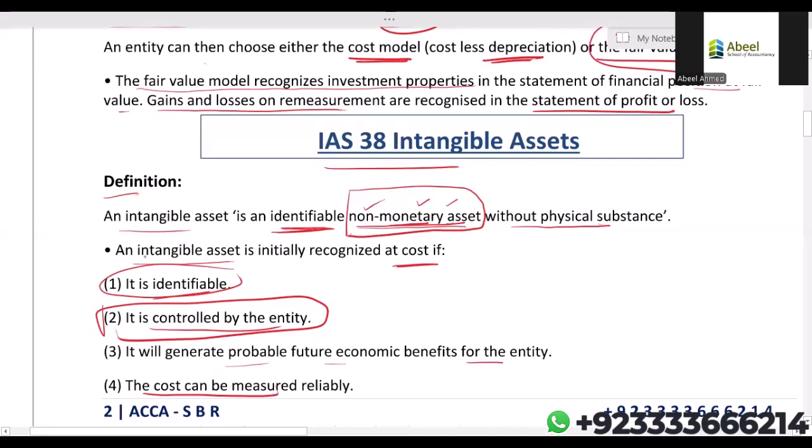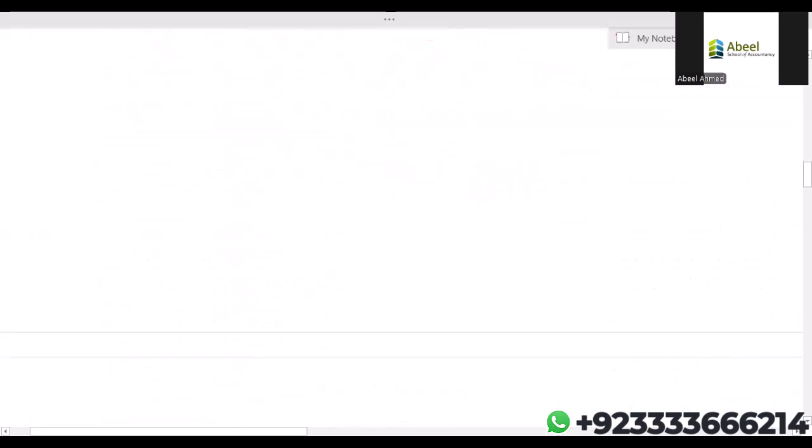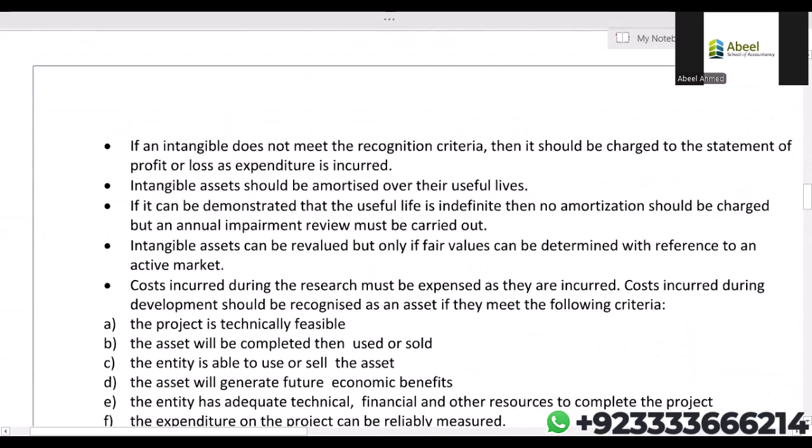So an intangible asset is initially recognized at cost if it is identifiable, controlled by an entity, it will generate probable future economic benefit and the cost can be measured reliably. If an intangible asset does not meet recognition criteria, then obviously you have to expense it out. Then it should be charged to the statement of P&L as expenditure incurred.